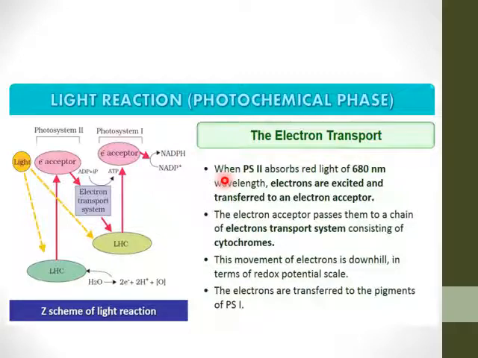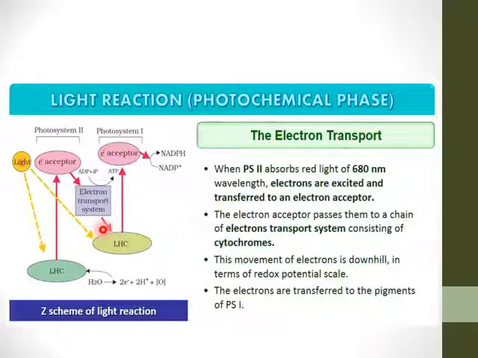So when the PS2, that is your photosystem 2, absorbs the red light of 680 nanometer wavelength, electrons are excited and transferred to the electron acceptor. The electron acceptor passes them to the chain of electron transport system consisting of cytochromes.